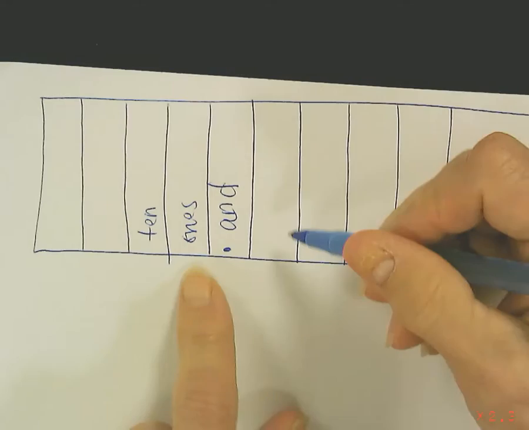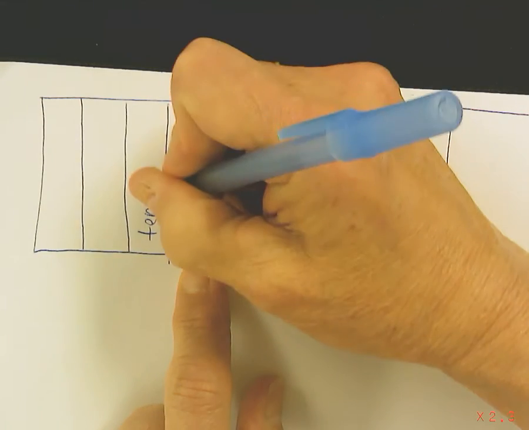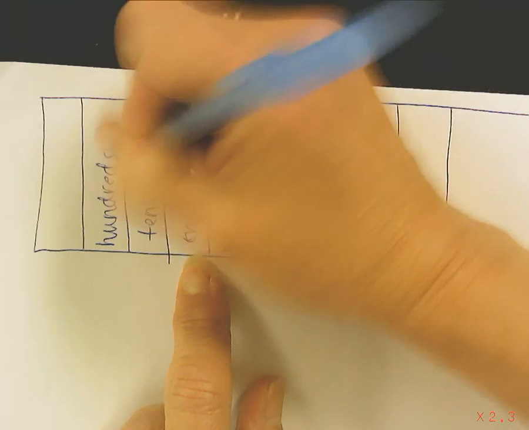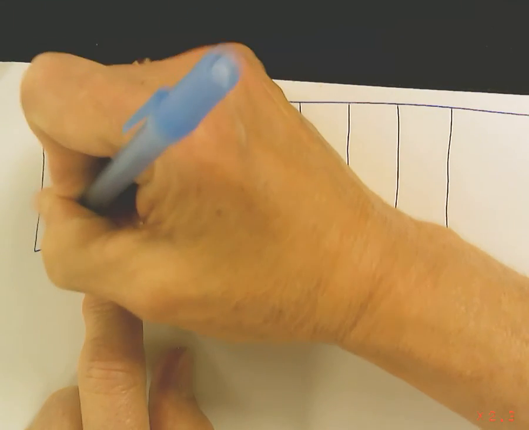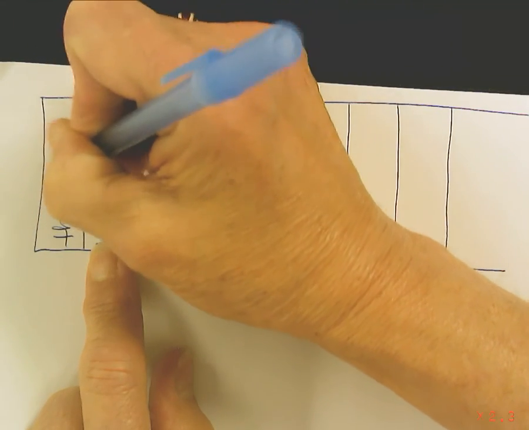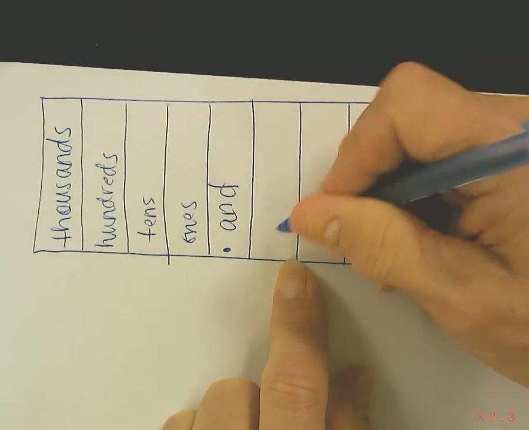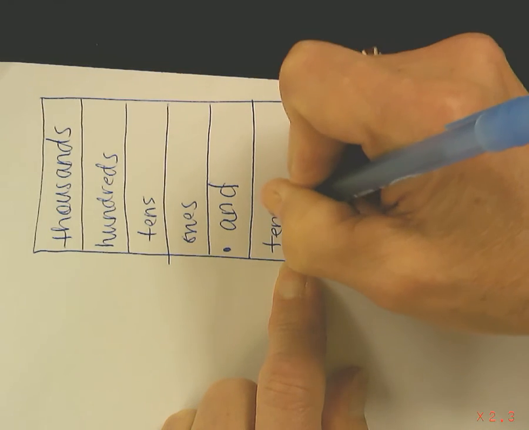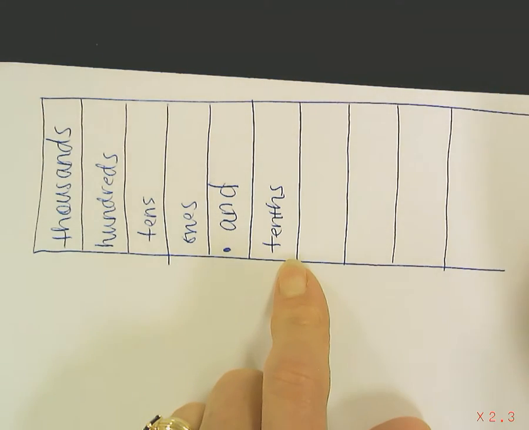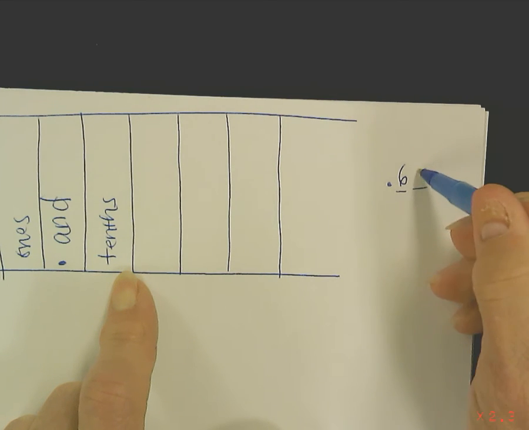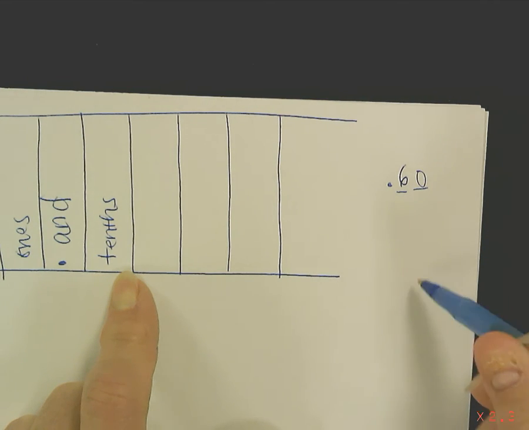All right, so before the decimal, we have the ones place, the tens place, hundreds, and then once you get beyond the hundreds, it moves into the thousands. Now, after the decimal, the first place after the decimal is the tenths place. For example, if you have 0.6 and we're talking money, that's not 6 cents, that's 60 cents.